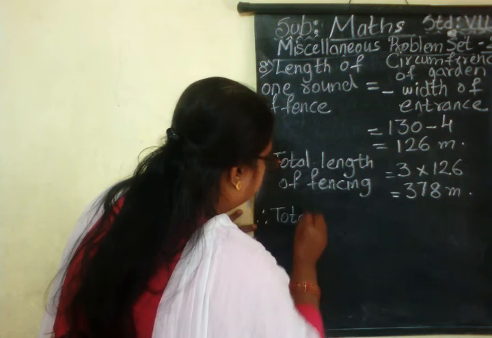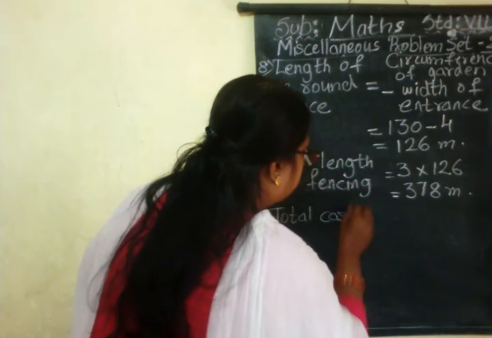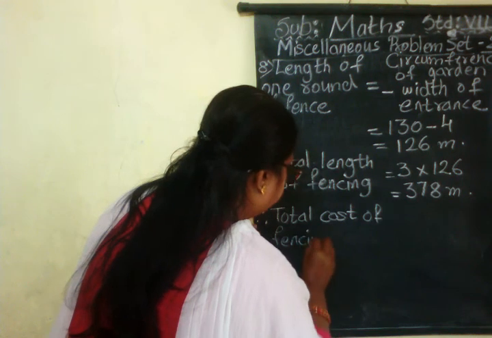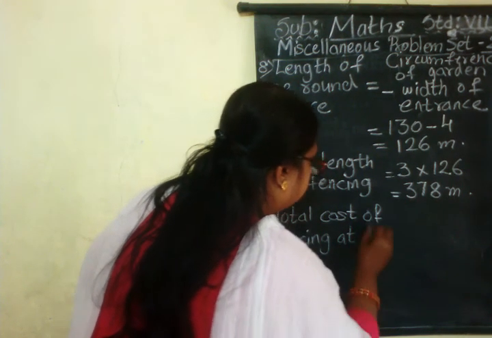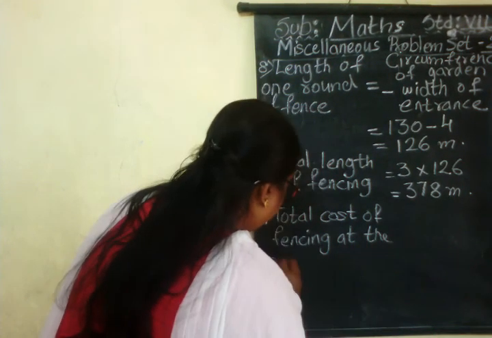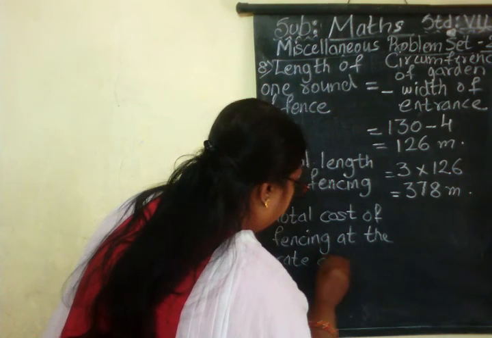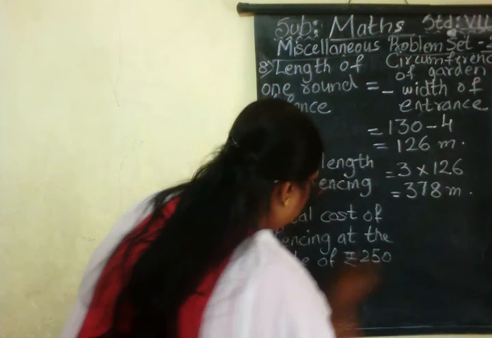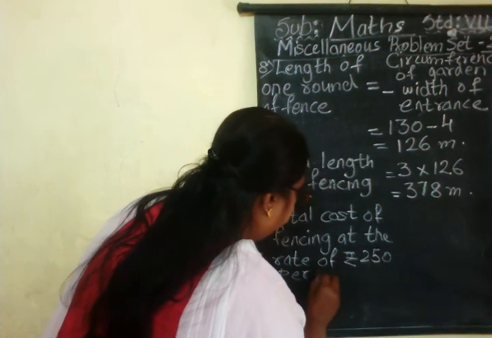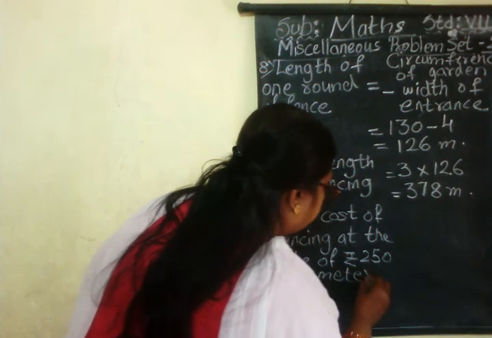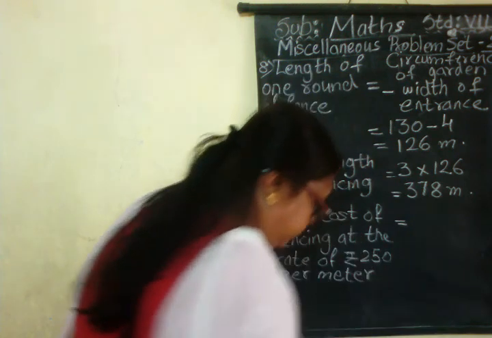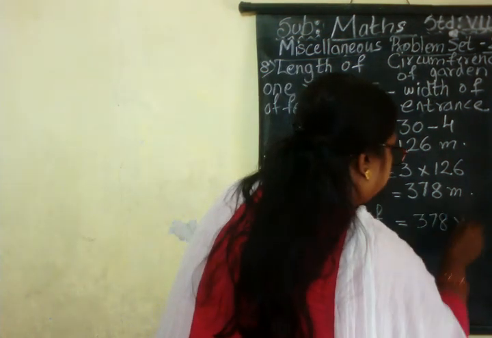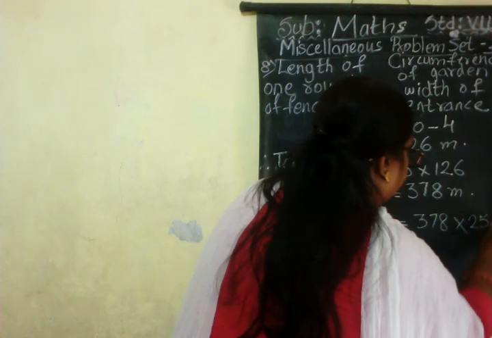Now therefore, total cost of fencing at the rate of rupees 250 per meter is equal to 378 multiplied by 250.